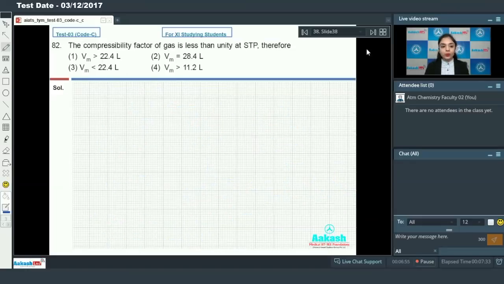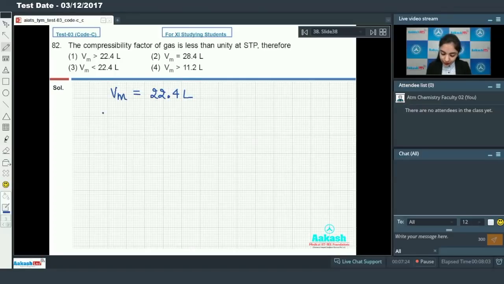So moving on to the next one now, we have question number 82, which says that the compressibility factor of a gas is less than unity at STP. So if I talk about an ideal gas, the molar volume of an ideal gas at STP is 22.4 liters, and the real gas shows deviation from the ideal gas.